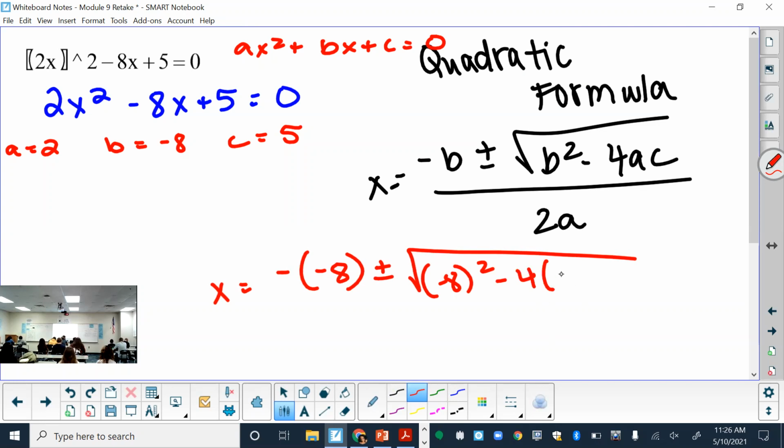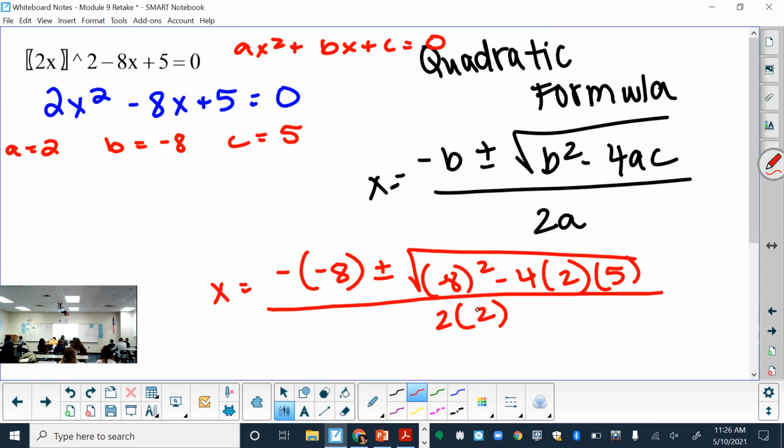So minus 4 times 2 times 5. All over 2 times a, which we said is 2. All right, any questions about the way I plug this in? All right, anytime you see parentheses, that means I plugged in a number there. So if I were you, I would do the same.